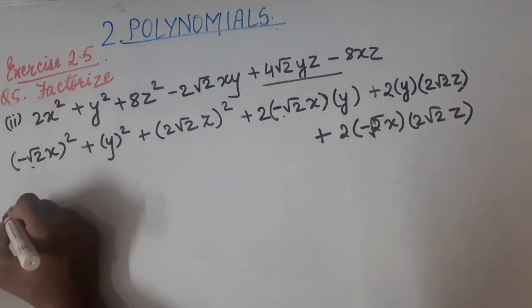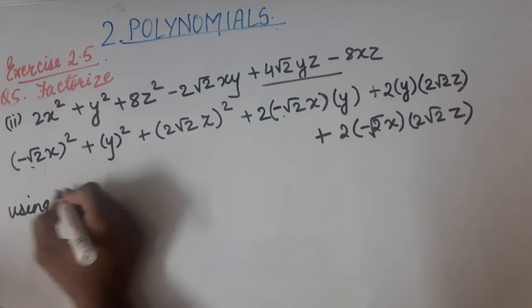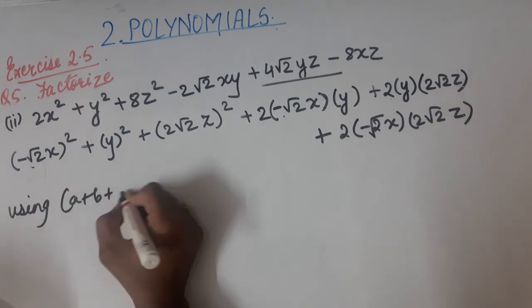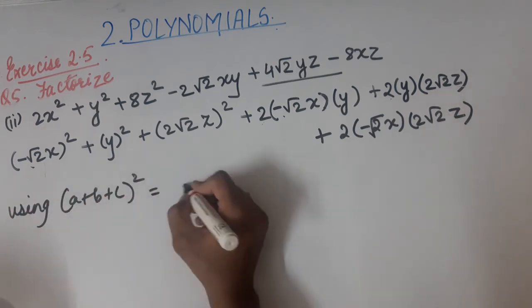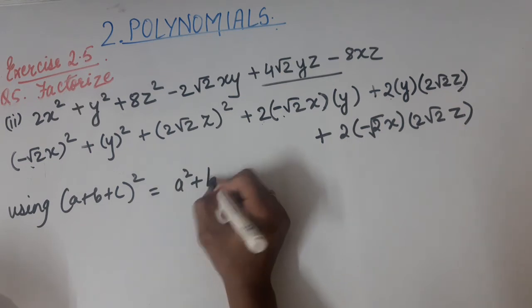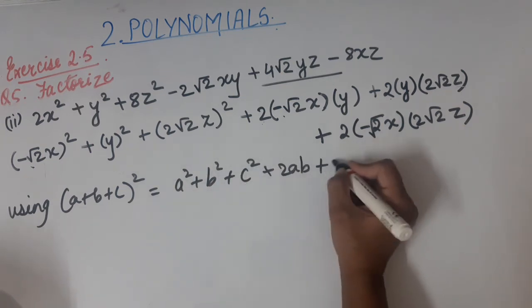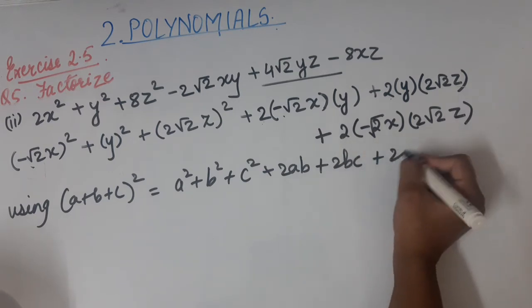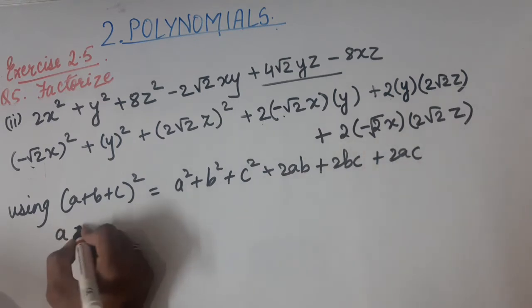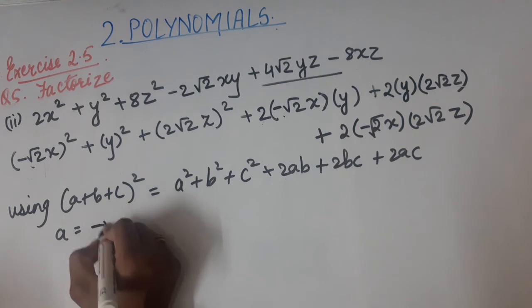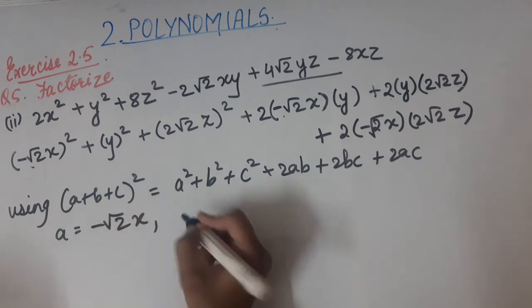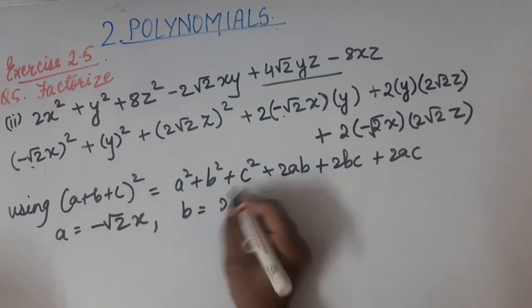So now using a plus b plus c whole square equal to a square plus b square plus c square plus 2ab plus 2bc plus 2ac. Compare and get the values of ABC. A is what? Minus root 2x. B is what?